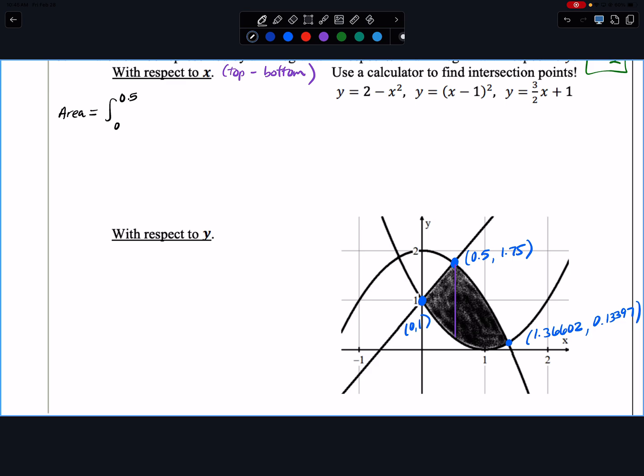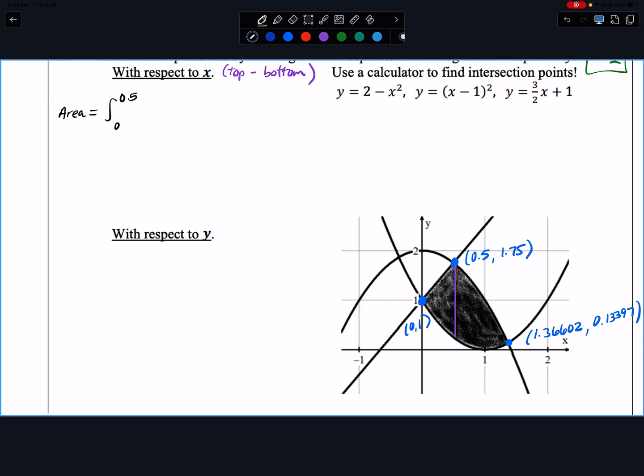So this little triangular region right here, which of these is the top function? Which one of these is linear? This one, right? Because it doesn't have a squared.